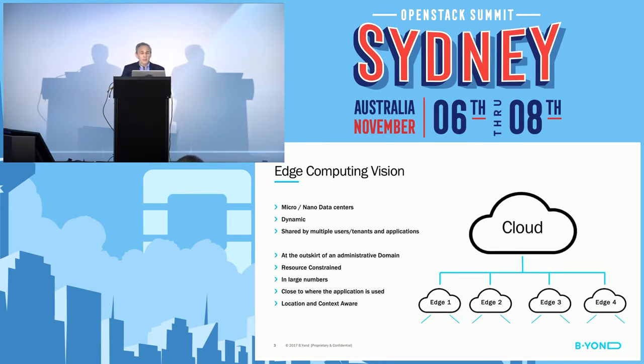It's similar, but it's different from the cloud at the same time. We're talking about an environment which is really not centralized, but decentralized. An environment that is really at the outskirts of an administrative domain. And we're talking about many small nodes, micro, nano data centers, nodes that are resource constrained, each of them, but they are also in large number.